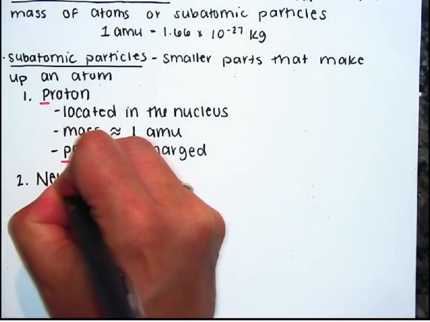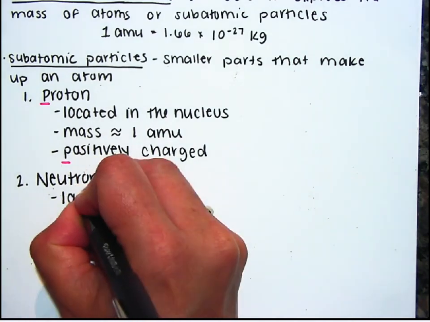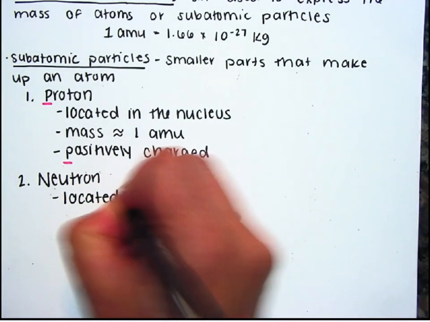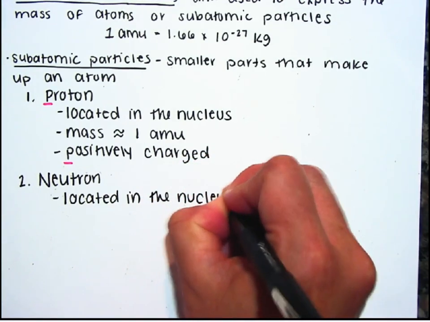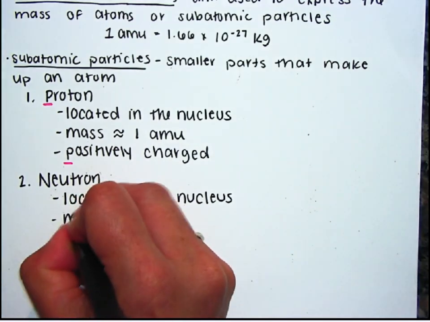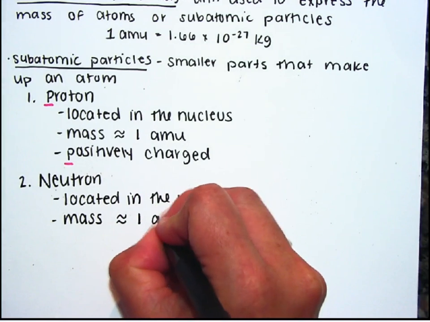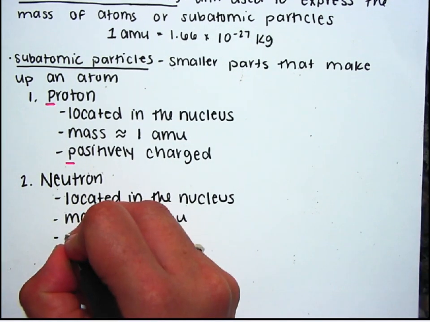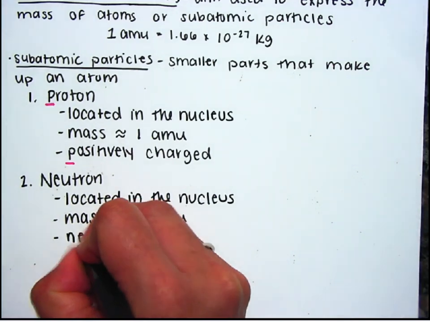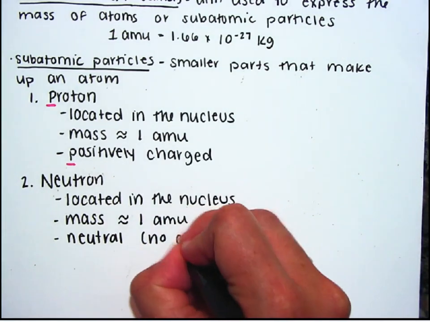The second subatomic particle is called a neutron. Neutrons are also located in the nucleus. Protons and neutrons have approximately the same mass. So the mass of a neutron is also approximately 1 AMU. Protons are positive, neutrons are neutral. Neutral just means no charge.